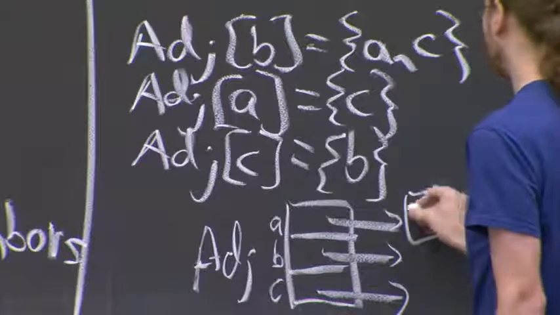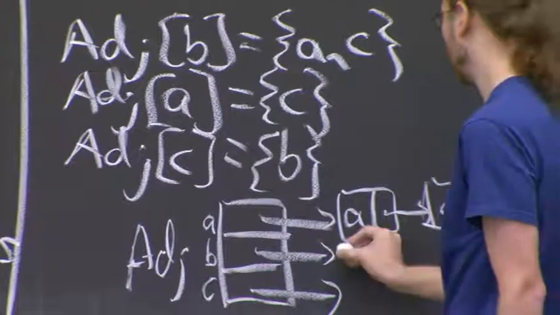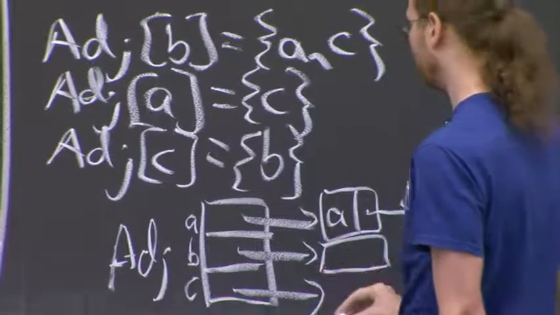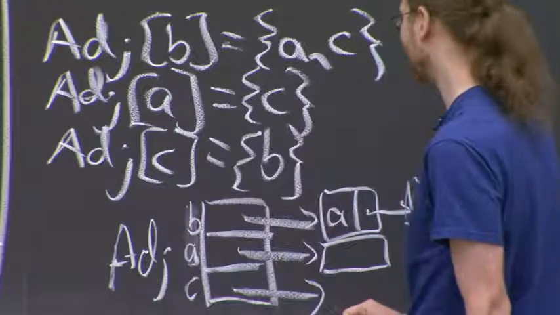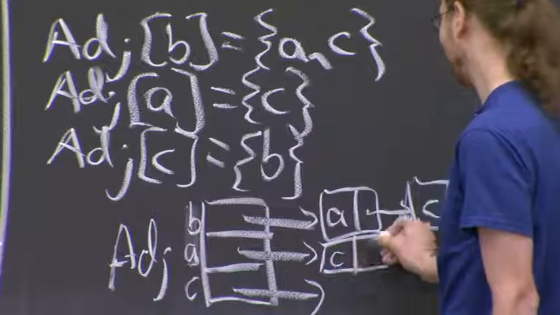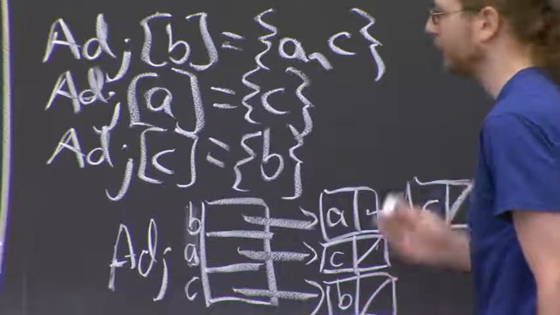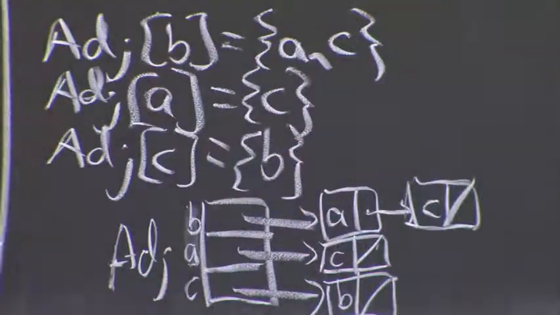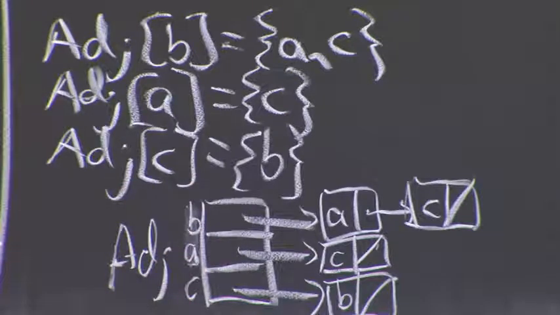B, who said it had to be alphabetical order? A is a pointer to C. C is a pointer to B. That's explicitly how you might represent it. This might be a hash table instead of an array if you have weirder vertices.